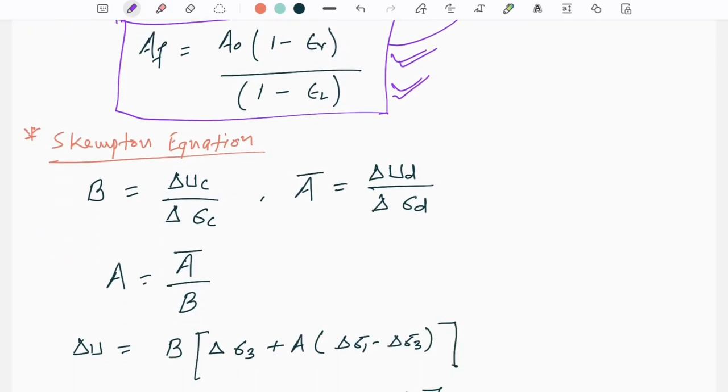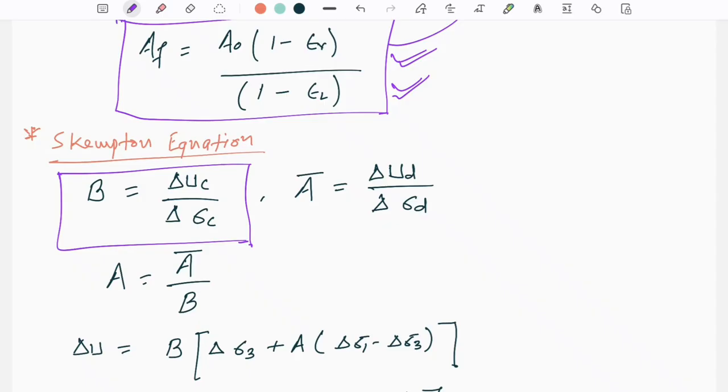Next is the Skempton equation. There are two parameters in the Skempton equation, that is B and A. You can find this Skempton parameter B, which is the ratio of the change in pore water pressure in the consolidated state to the change in stress in the consolidated stage.